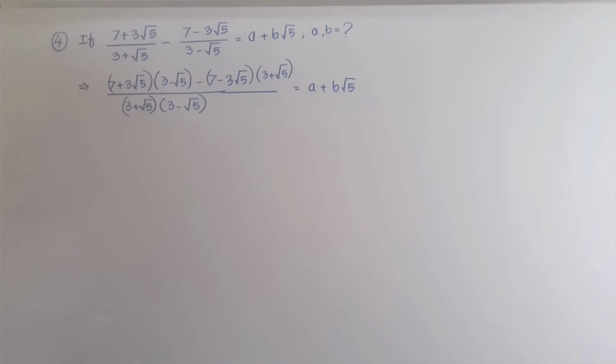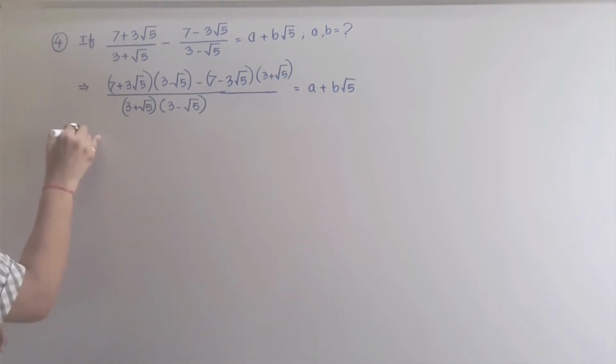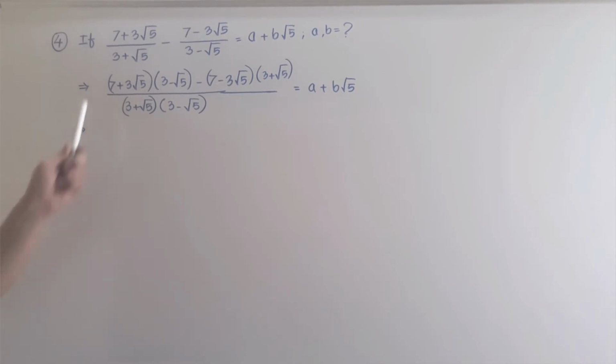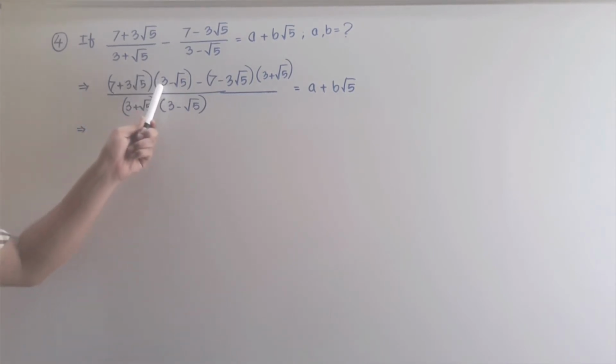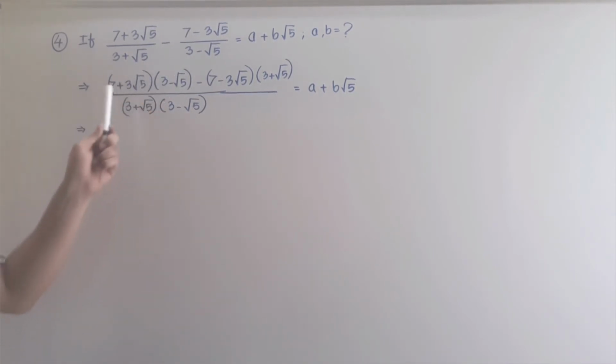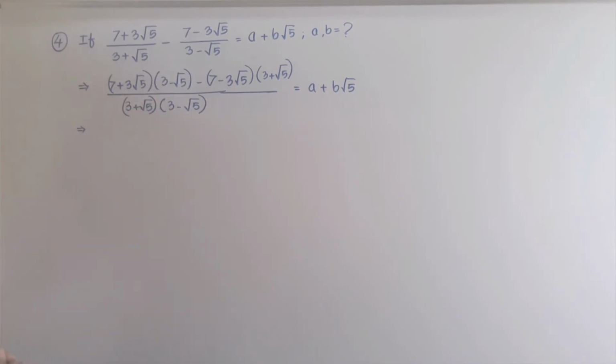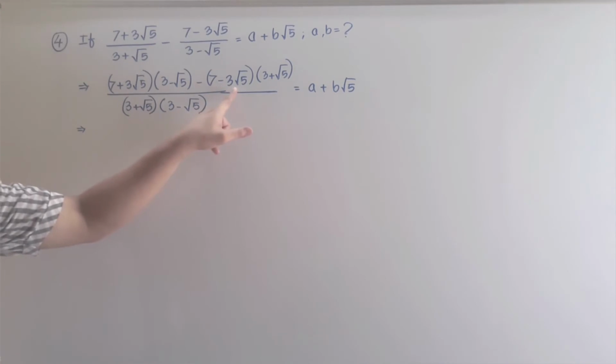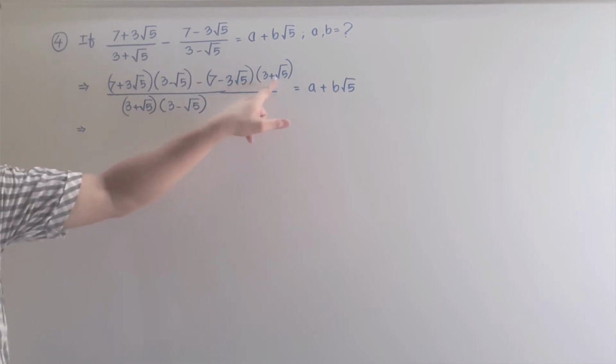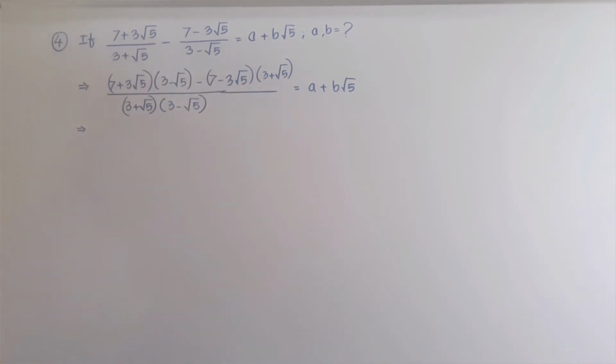Okay. Now, first of all, let us simplify the numerator. While simplifying the numerator, the first term you are looking at is 7. 7 will multiply into this whole bracket. Same way, 3 under root of 5 will also multiply into the whole bracket. In a similar way, this 7 and 3 root 5 again will multiply one by one into the whole bracket, 3 plus under root of 5.